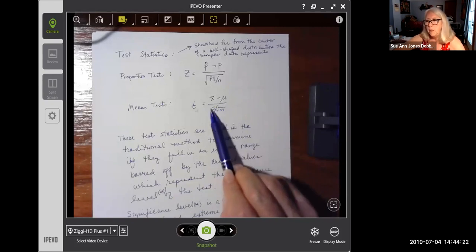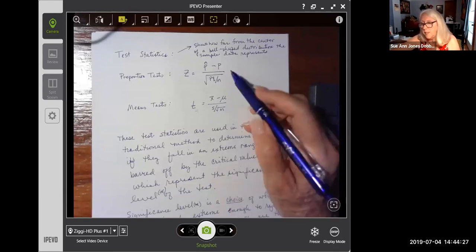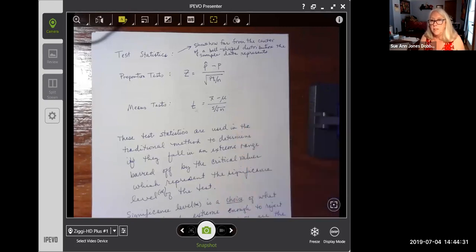And then you're dividing by s divided by the square root of n, which is essentially a version of standard deviation. And I would tell you as a statistics professor, both of these two things really amount to calculating a z-score. And remember that z-scores show you how far from the center of a bell-shaped distribution something lies.